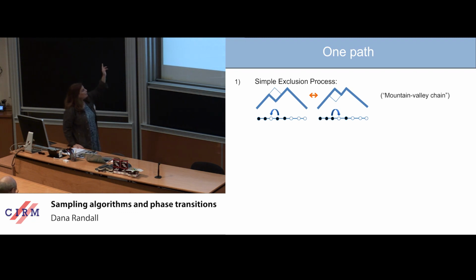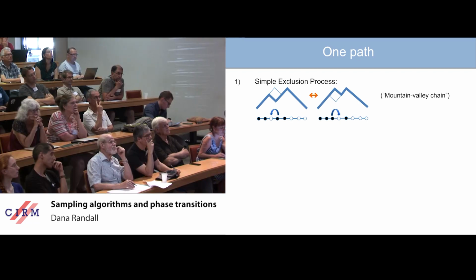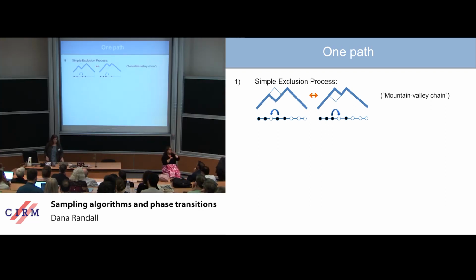I can view this as an exclusion process on the line, where if I go up, I have a particle, and if I go down, I have an empty space. This mountain-valley move is precisely moving one particle to the right or to the left. So this is a very simple process.